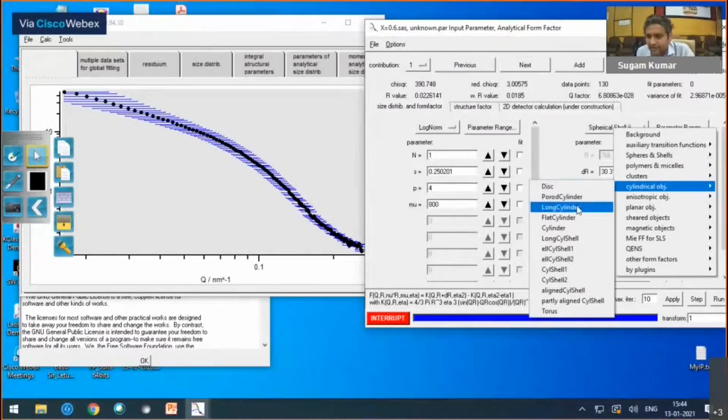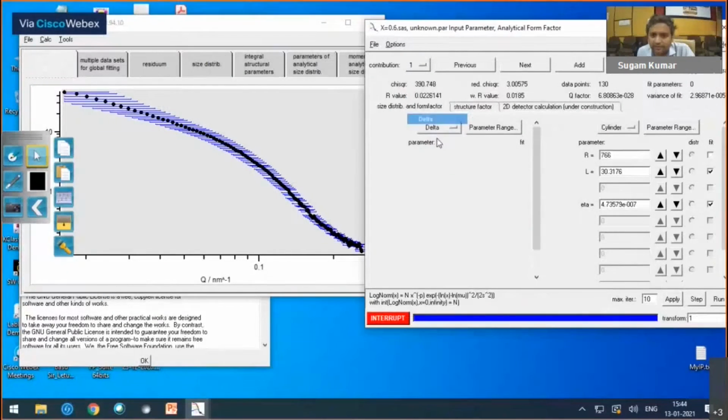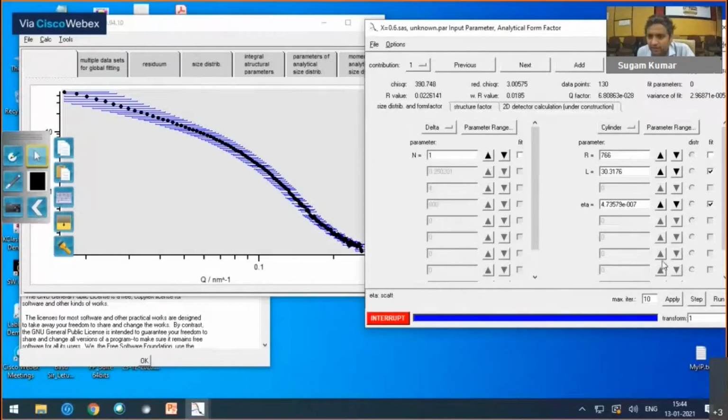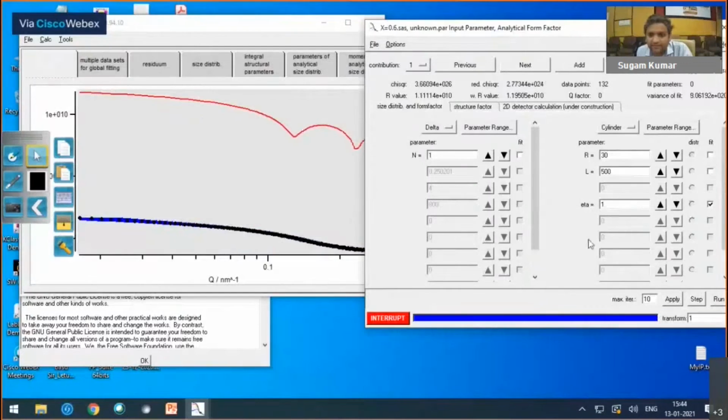One can start with, let's say, choose cylinder, and monodisperse sort of. So cylinder, some length 500 angstrom, and radius, let's say 30 angstrom. Scattering length density is 1.